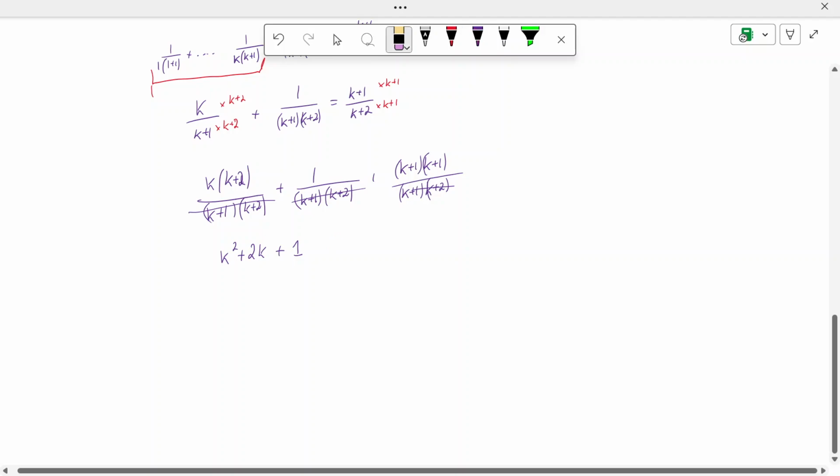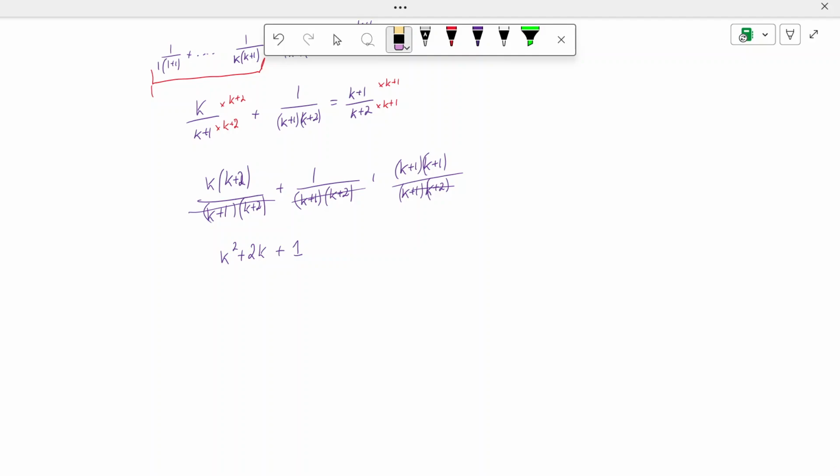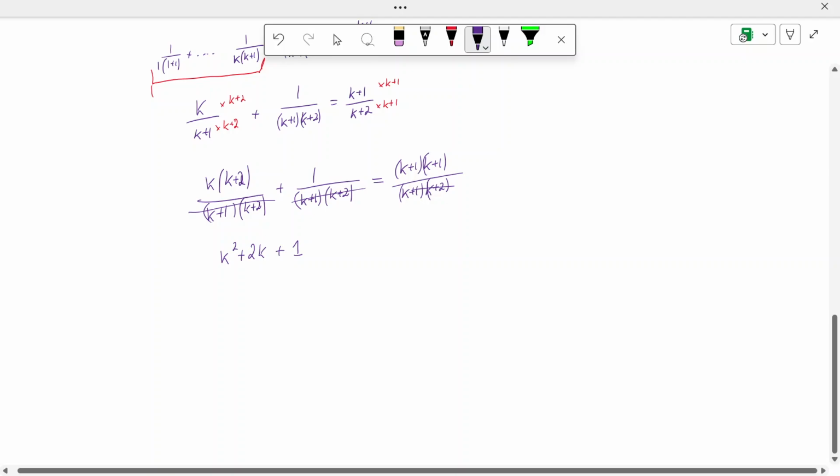And my right hand side is going to be equal to k squared plus k plus 1. And I'm done.